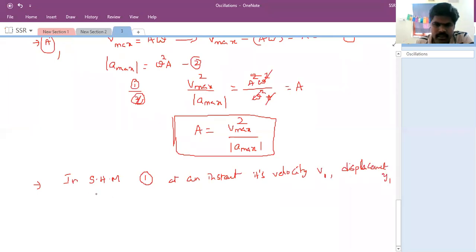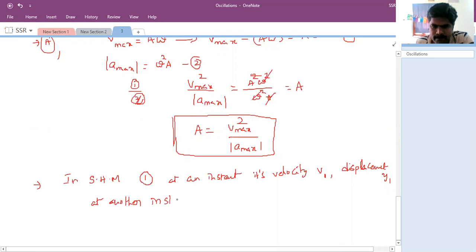Similarly, at another instant, its velocity is v2 and displacement y2.